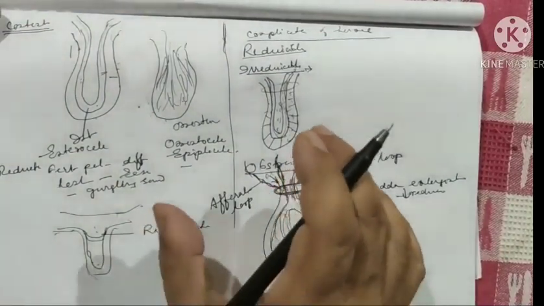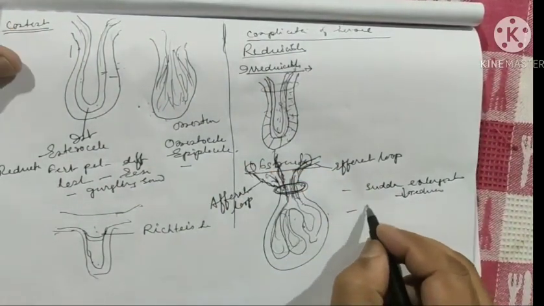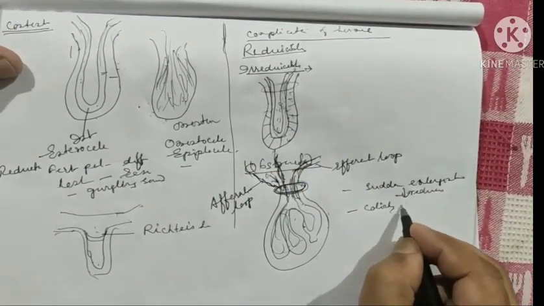That's why there will be vigorous contraction of the proximal intestine, so the patient will have a colicky pain.